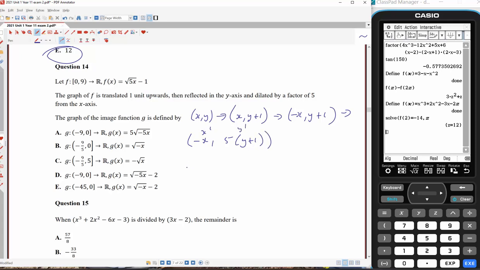That's x dash and y dash. X dash equals negative x, y dash equals 5 times y plus 1. Okay, what we want to do is solve for x and y. So x equals negative x dash, y dash on 5, take 1 equals y.